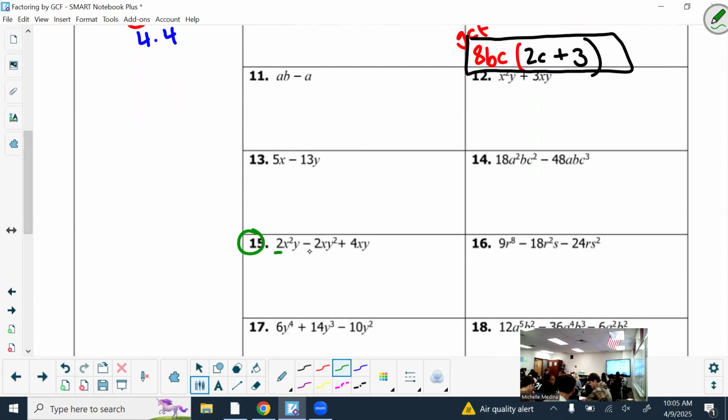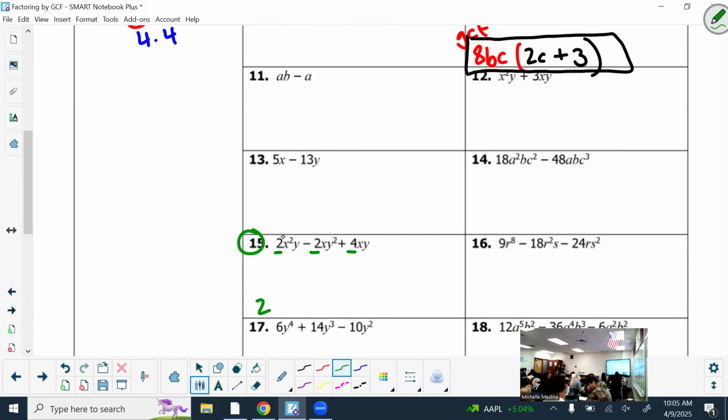When it's a 3 term, it's not much different. It's just that now you have to find a GCF that works for all 3 terms. So between 2, 2, and 4, what's the GCF? 2, good. It can never be bigger than your smallest number. 2 is divisible into 2, 2, and 4. Yes.